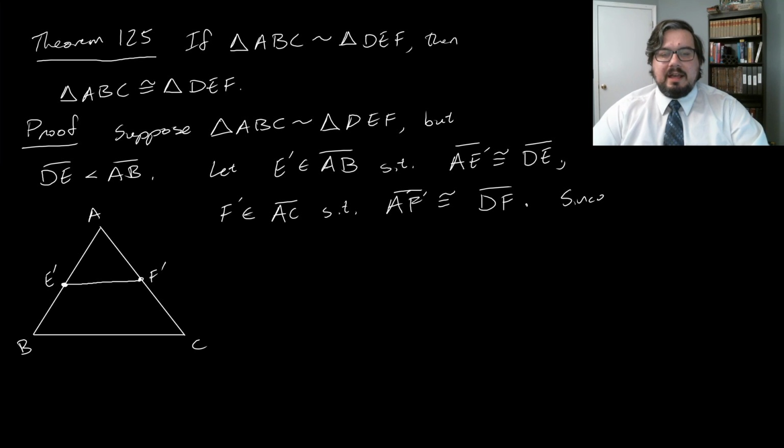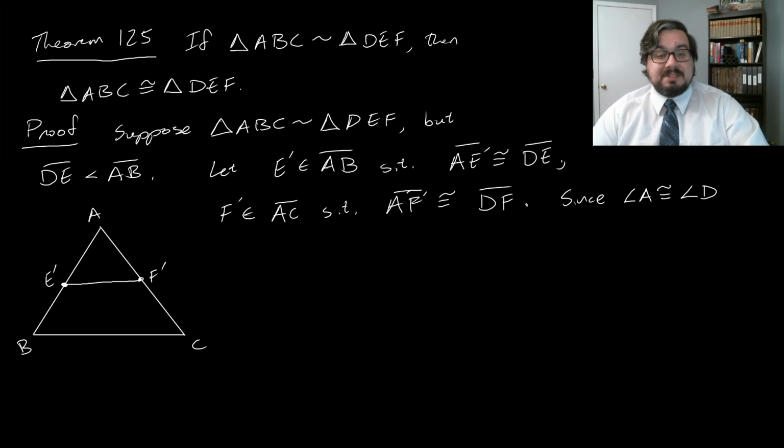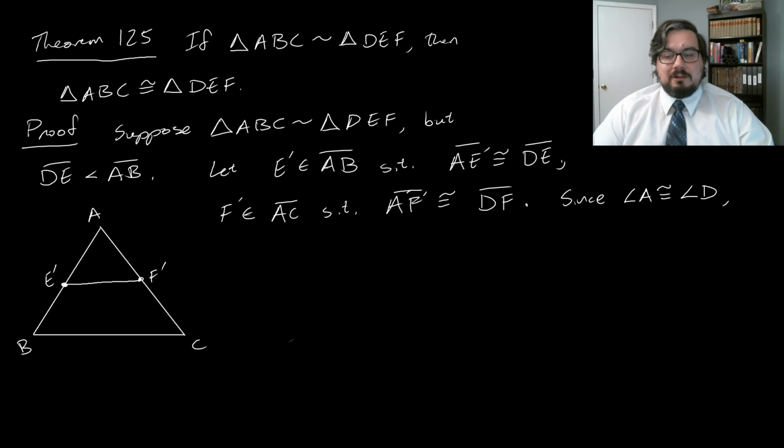And so now we have that since the angle at A is congruent to the angle at D, we've assumed that the two triangles are similar, and therefore their corresponding angles are congruent. So since the angle at A is congruent to the angle at D, we have that triangle A, E prime, F prime is congruent to triangle DEF.